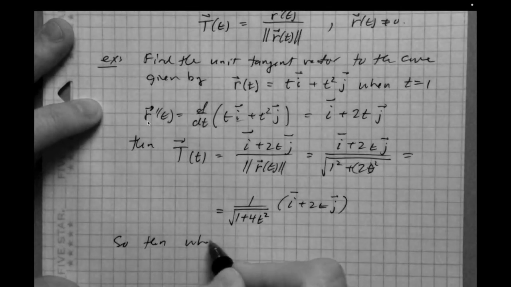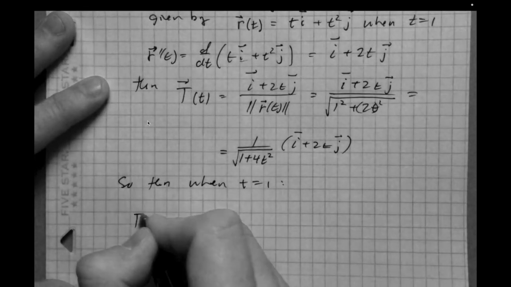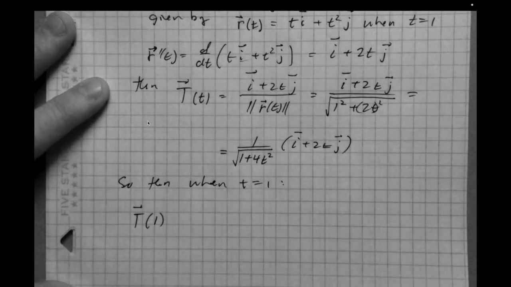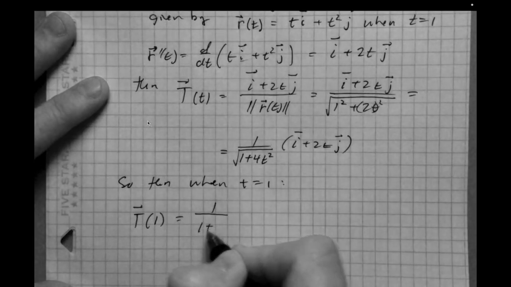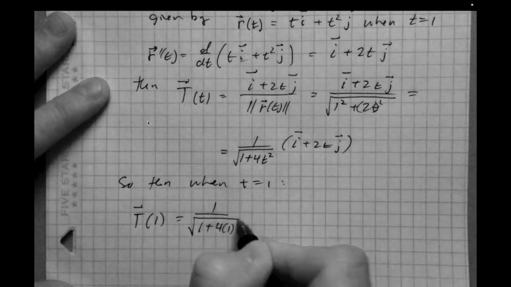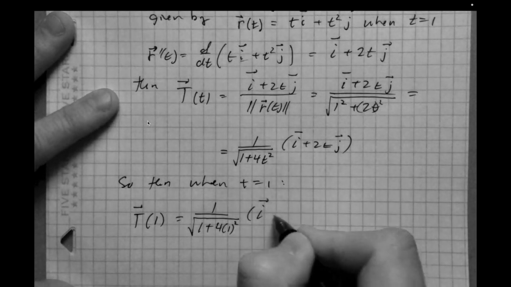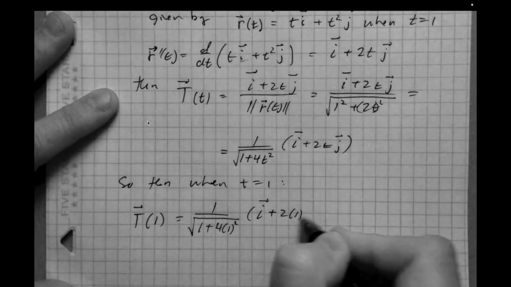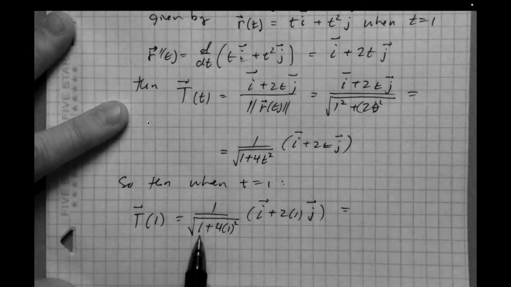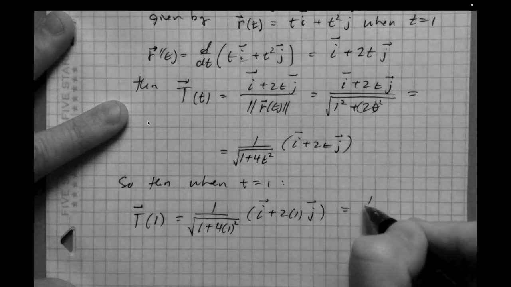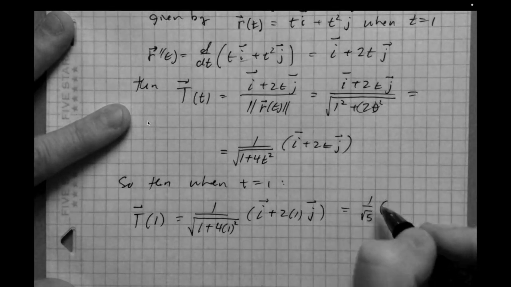So when t equals 1, what do we get? T of 1 is going to be 1 divided by the square root of 1 plus 4 times 1 squared, and then it's i plus 2 times 1 times j. This down here is 1 over the square root of 5, and then this is i plus 2j.